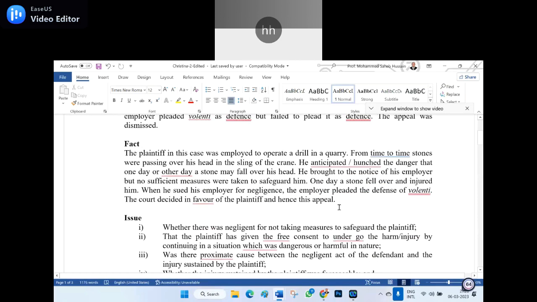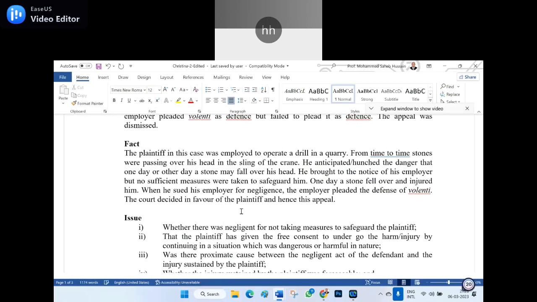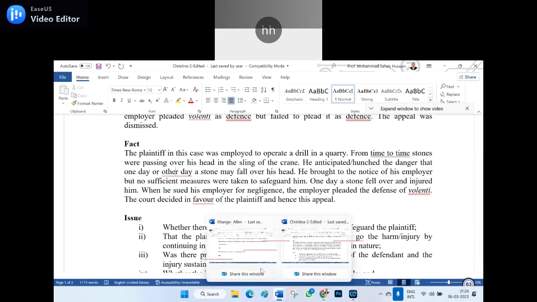So the facts I will give in general in the examination. And what you have to do is write in the IRAC model. That means that is the style of solving the problem question. So the facts are already here, and now you have to do how to write the IRAC.